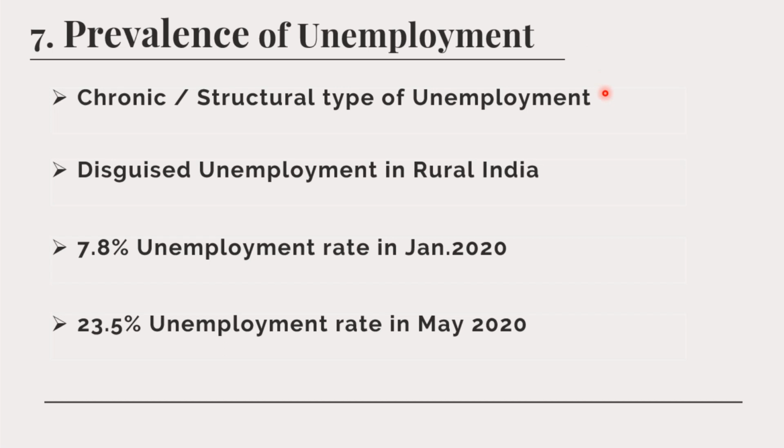Still, after 7 decades of planned economic development, the identity of Indian economy is known as agrarian economy, because most of the population still depends on the primary sector for their livelihood. This is the structure of Indian economy after 7 decades of planned economic development.